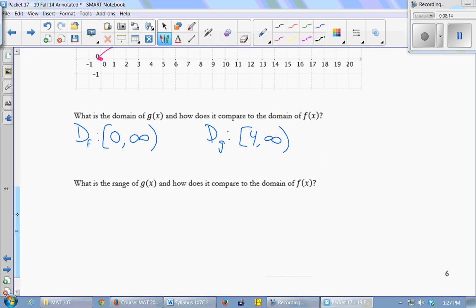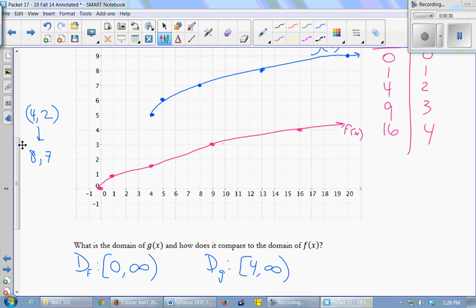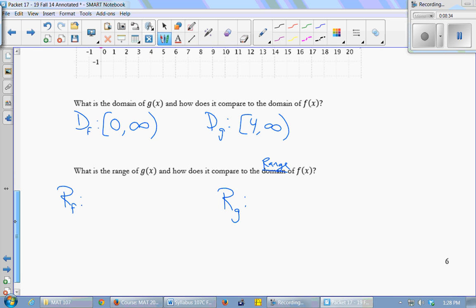All right, let's look at the range of g and the range of f. I have a little typo here. So the range of f: the smallest y value is 0 and it just gets bigger. So I have 0 to infinity.